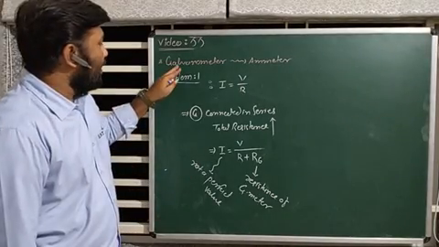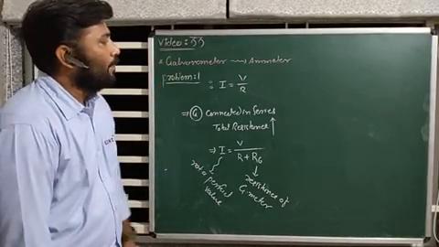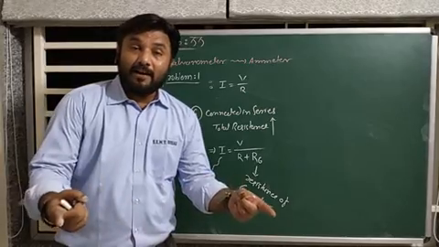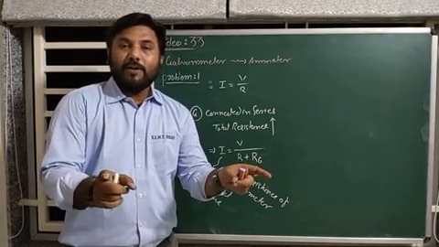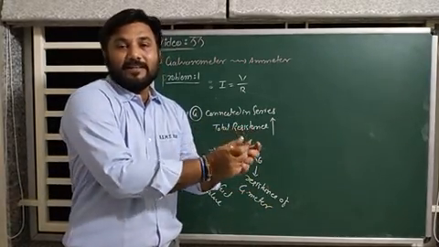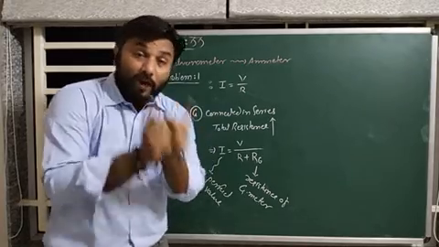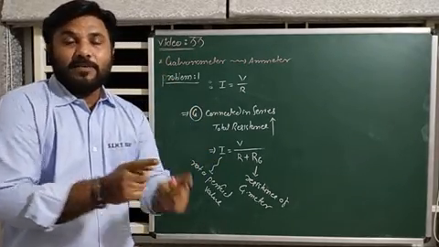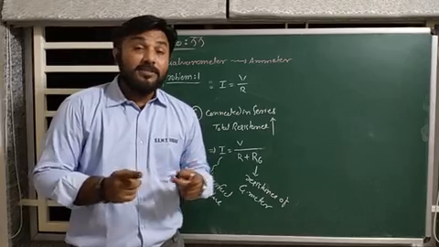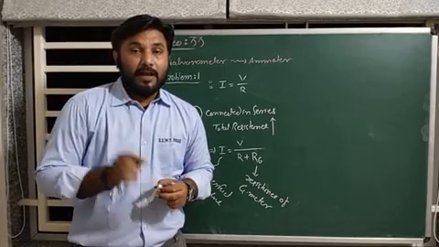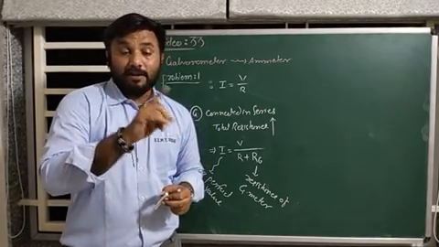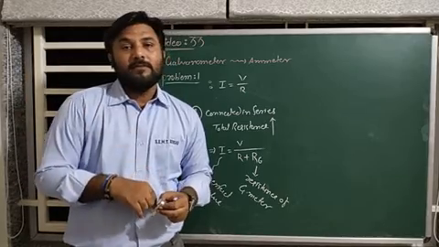While we are using a galvanometer to measure electric current, at that time the galvanometer is connected in series. We know that in the third chapter we have seen that in series combination the resistance is added.